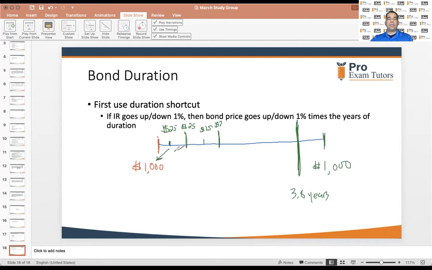I'm recouping my investment, not all at once, unless it's a zero coupon bond, but a little bit at a time. So the little forces of gravity are pulling this $1,000 that way, and that's why we get a duration of 3.8 years on a 5-year bond.